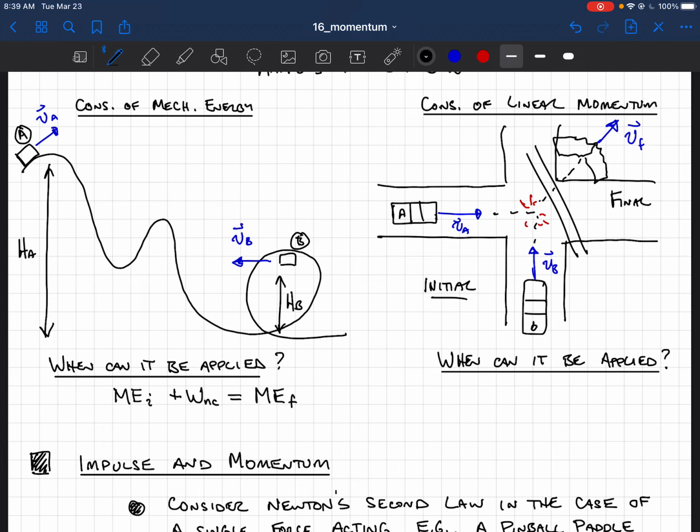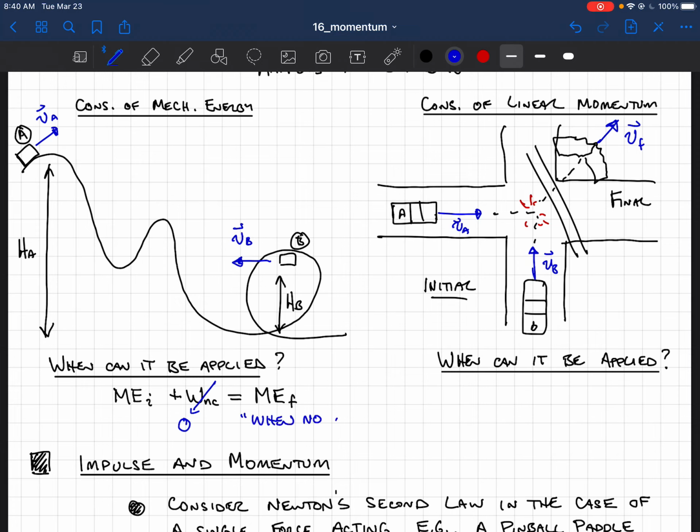So when are you allowed to say that mechanical energy initial is equal to mechanical energy final? Well, it's when the work non-conservative is zero, when there are no non-conservative forces doing work. So that means when there is no friction or when there's no pushing force acting on them, then we can use this conservation of mechanical energy. So let's write it out.